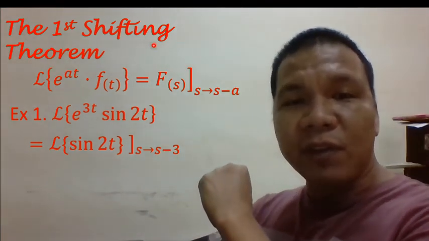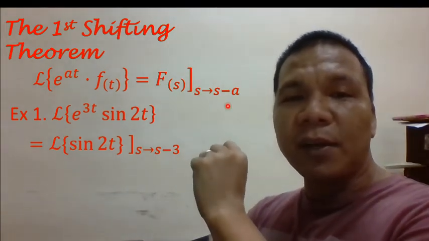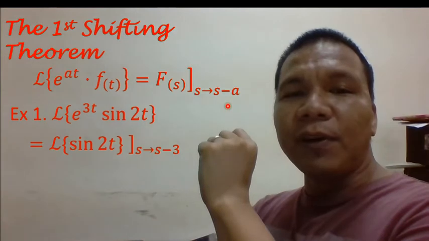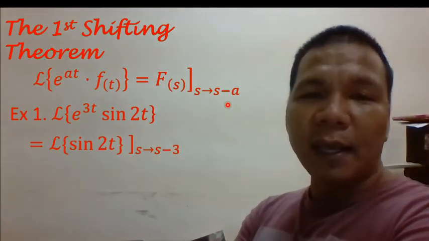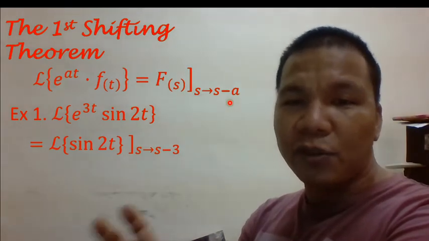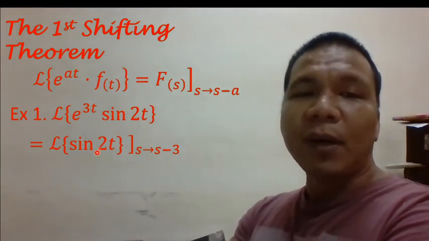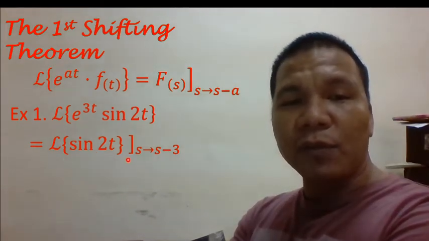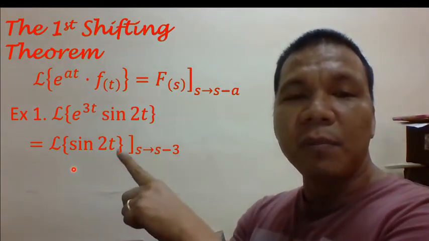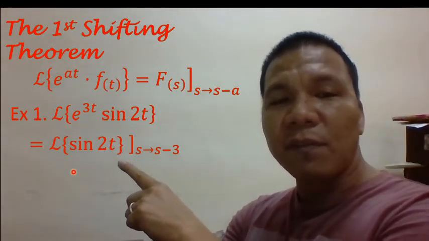When we say first shifting theorem, that is in the s domain, no? The value of s is shifted by a units. So that is shifting in the s domain, or shall we say shifting in the frequency domain. Now let's take the Laplace transform of sine 2t.